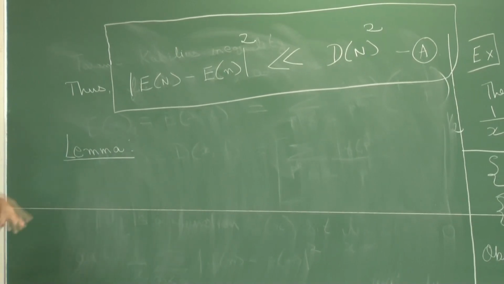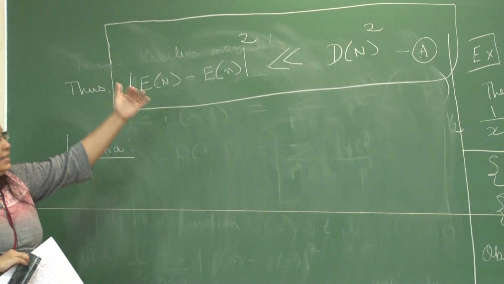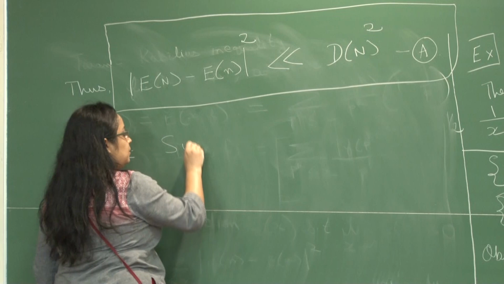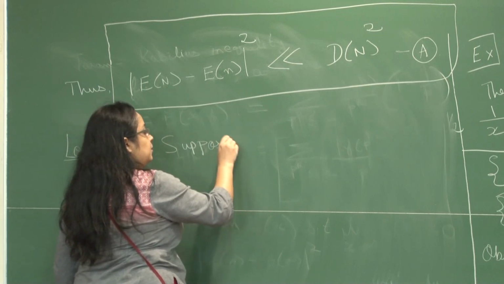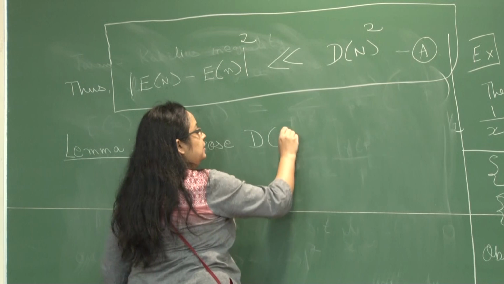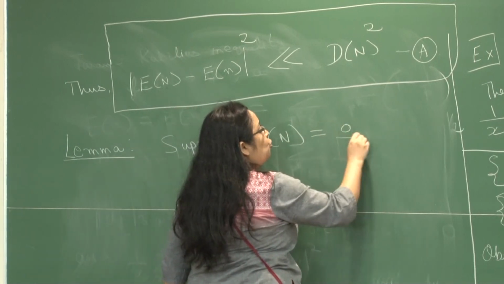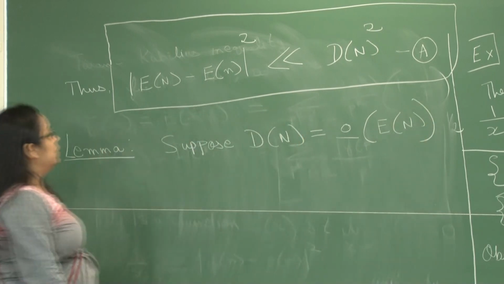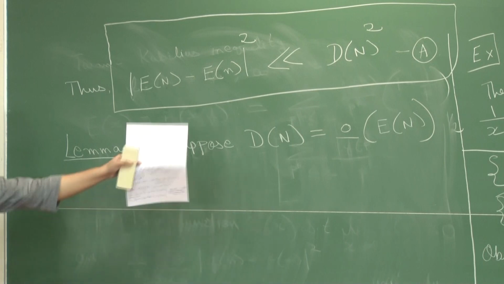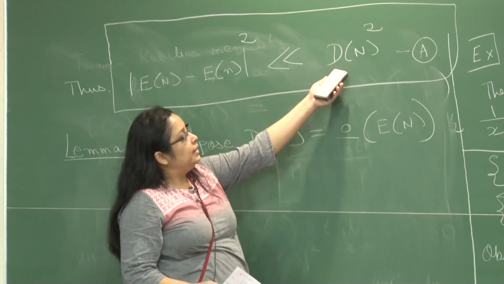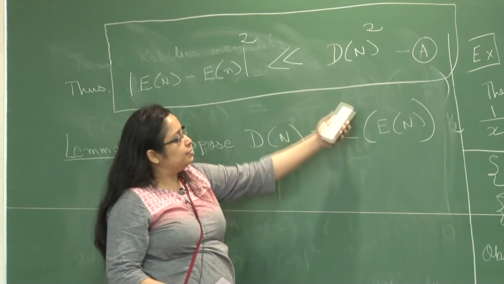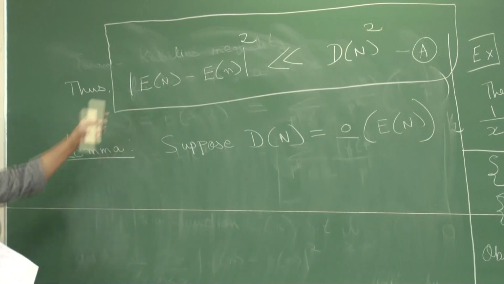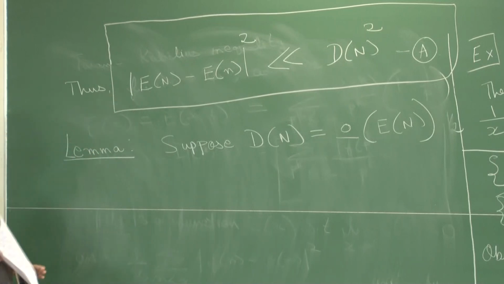Suppose your additive arithmetic function is such that capital D of n is little o of E of n. Suppose this were given to you, that this right hand side in fact is little o of E of capital N, its growth is much smaller than E of capital N. Then what can you say about this?